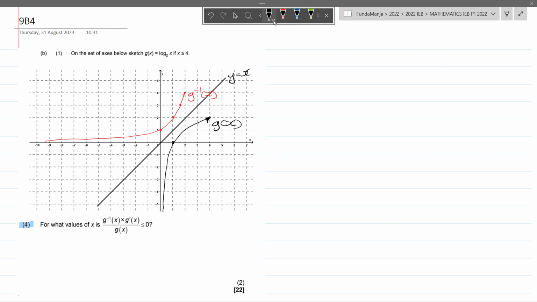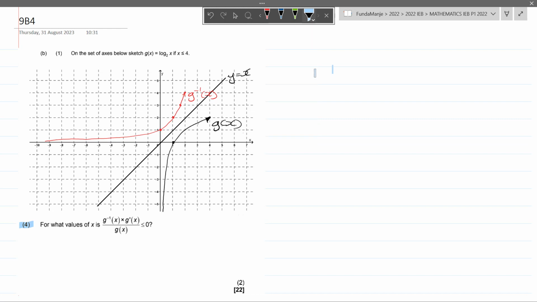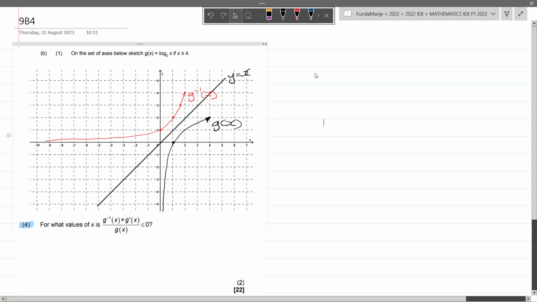Usually with these questions that deal with inequalities and graphs, it's a good idea to section up your plot, such that you can decisively see each key area. Basically, everywhere where your graph goes from negative to positive should be highlighted, all those x values where there is that kind of change.